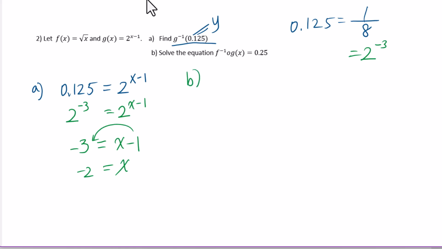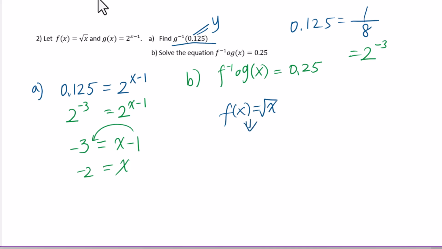For B, solve the equation inverse of g of x equals 0.25. For f of x equals the square root of x, we know its inverse is x squared.